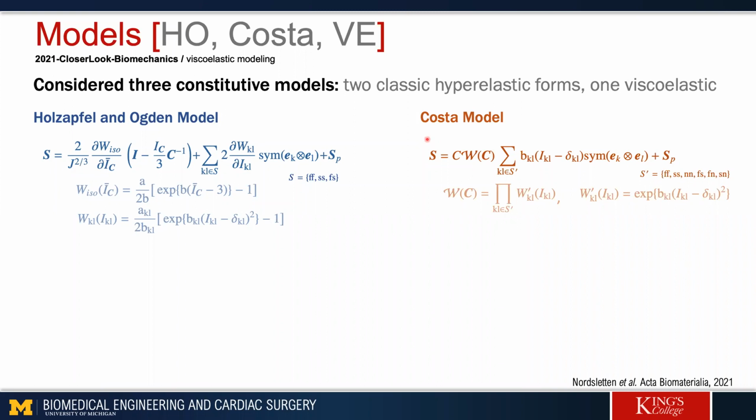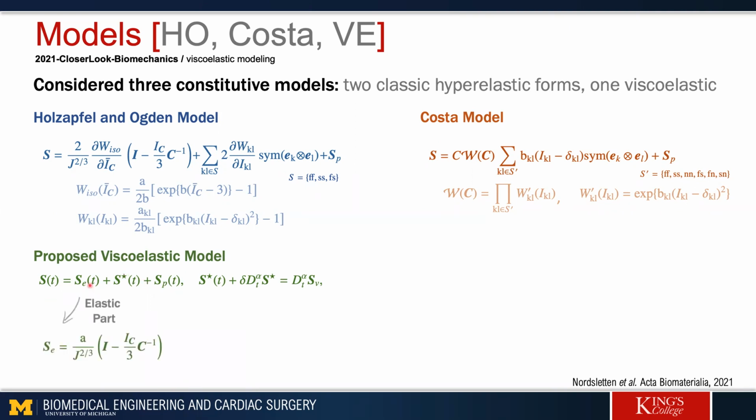And so those are the basis really of the model that we created. And the proposed model that we came up with is this one here. And basically what it is, it's a sum of an elastic part, a viscoelastic part, which is this S star, and then this SP, which I should mention is in all of these models representing the hydrostatic part. So we assumed in this paper that we had incompressible materials.